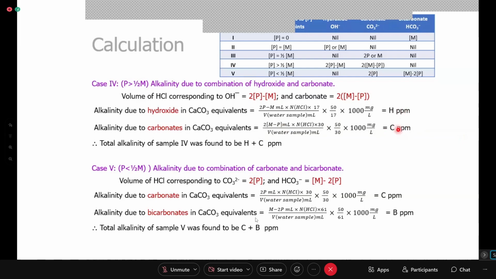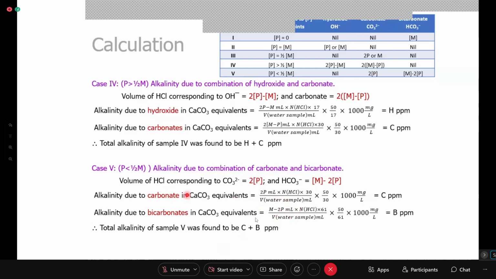So hydroxide and carbonate, because they are in CaCO3 equivalent, you can add them together, and here you can represent it as the total alkalinity of water sample 4, found to be the sum of these two, which should be written here. Okay. And similarly, when P is less than half M, alkalinity due to a combination of carbonate and bicarbonate is: 2P corresponds to carbonate and M minus 2P corresponds to bicarbonate.